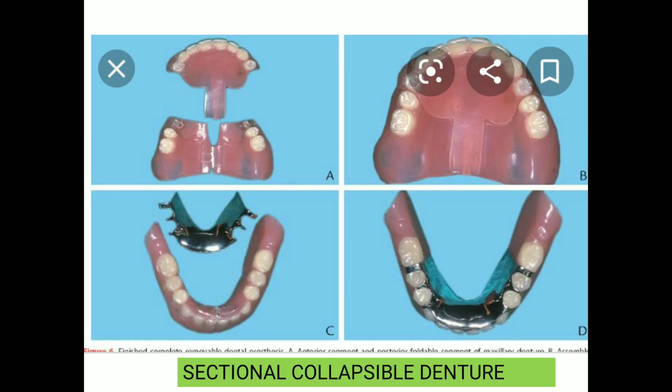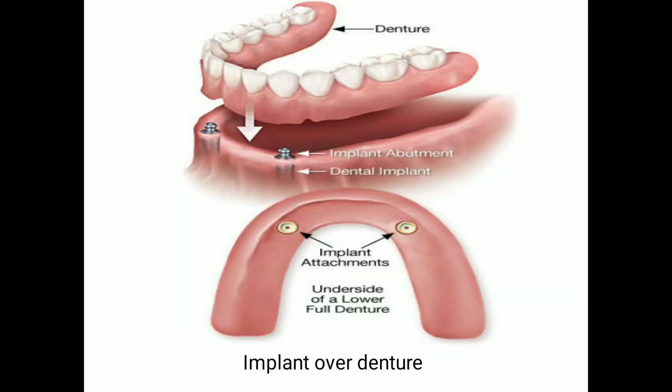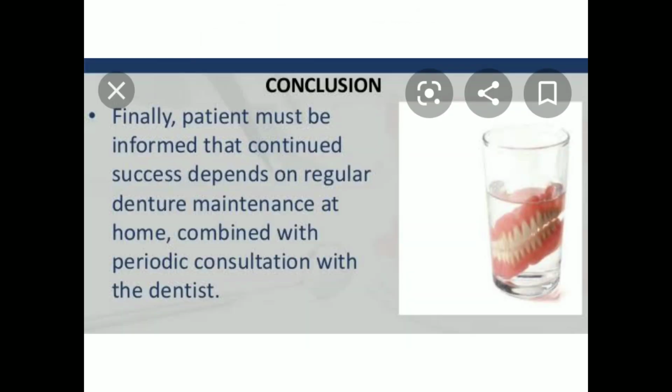And there might be sectional dentures, where they are made section-wise and interlocked with some attachments. These are sectional collapsible dentures, along with tooth supported dentures and implant dentures. This is your implant denture. You can see implants placed, abutments placed, and the denture has been placed.